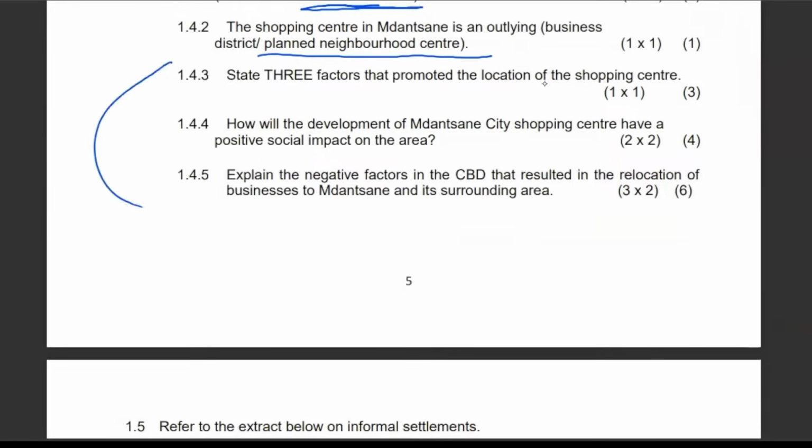So the justification here, I will just list. We talk of the access roads that we have seen there. We have the N2, the national route 2, and also R346. This facilitates the access by motorists. Motorists plying those routes can actually access the shopping center because it's easily accessible.